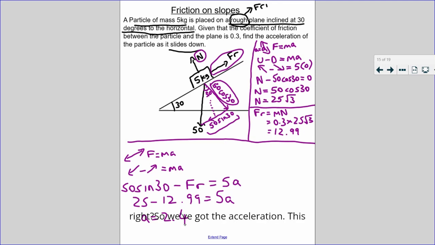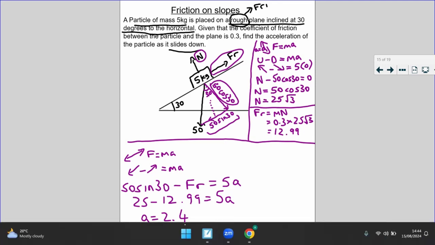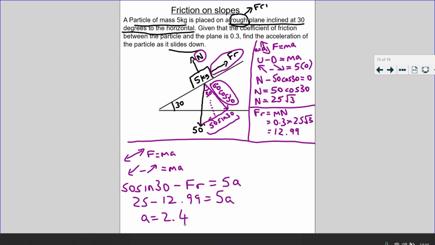So we've got the acceleration. This is a basic question. Not many forces here. It's just a particle placed on the slope. Okay, so moving on.